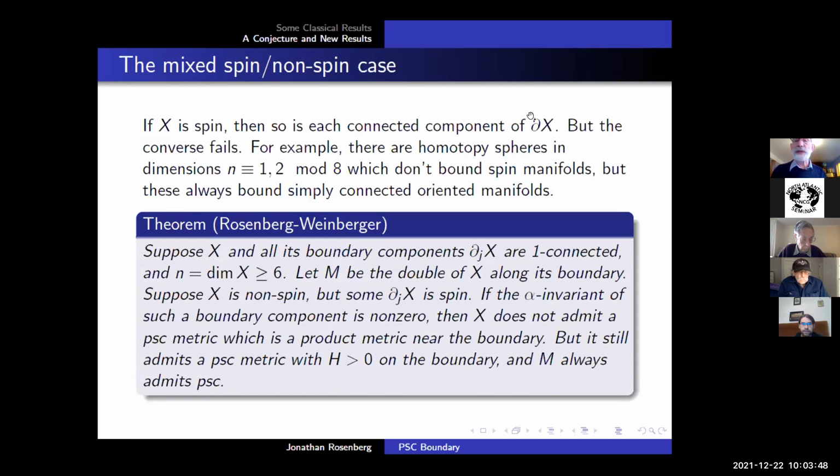So it's possible for the boundary to be spin, but for X not to be spin. For example, I think I mentioned this before, there are exotic spheres in dimensions 1 and 2 mod 8 which don't bound spin manifolds, but they always bound simply connected oriented manifolds. So you could have a situation where the boundary of X was an exotic sphere and X was non-spin.